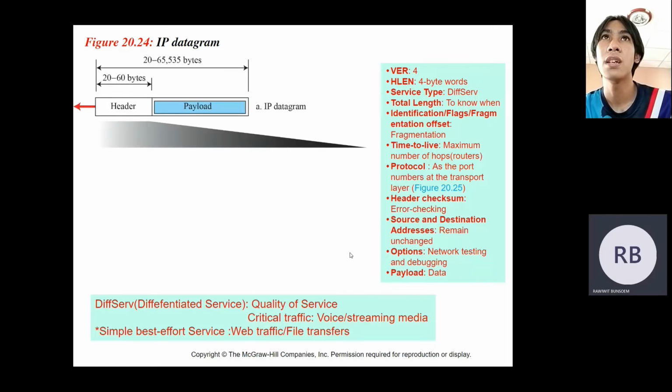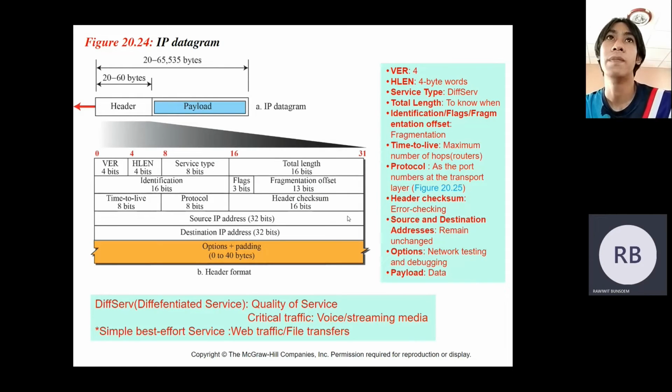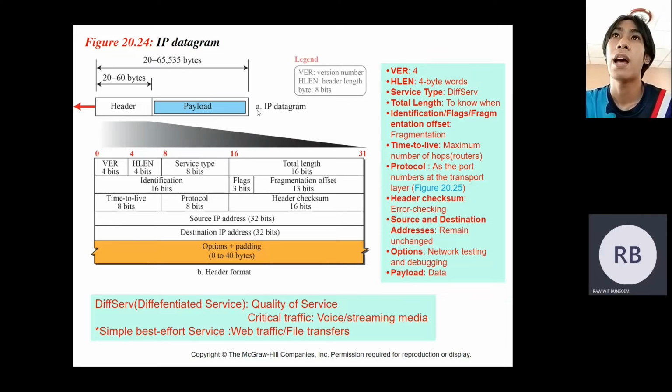The next is the IP datagram. The IP datagram has a header and a payload.